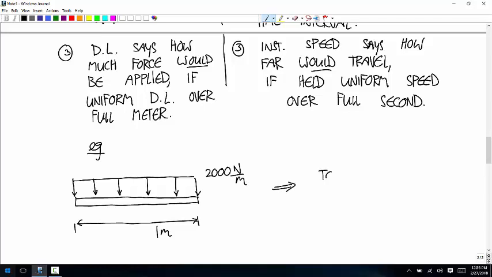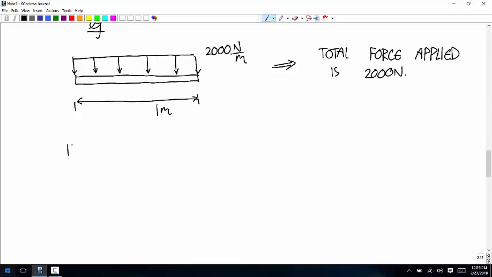And that means that the total force applied is 2,000 newtons. Any questions about that yet? To do calculations involving distributed loads, we're going to always have to represent these distributed loads as point forces.